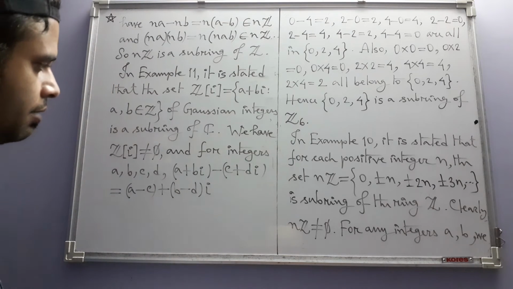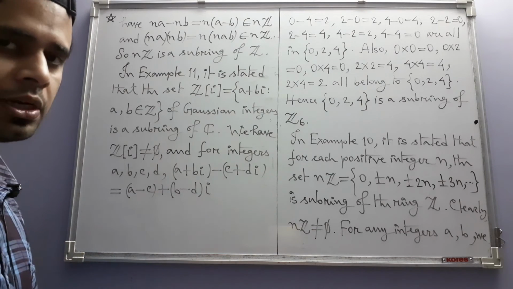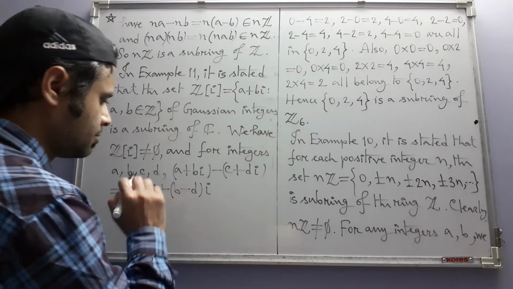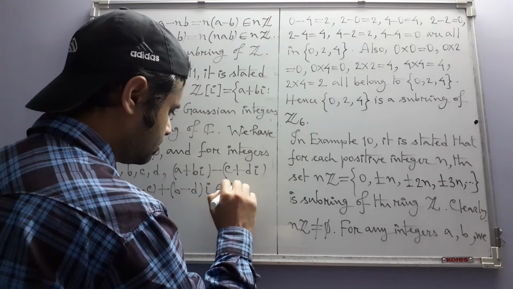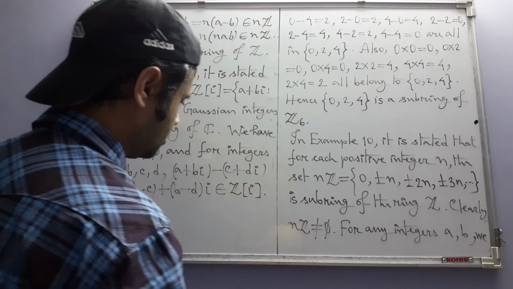Because a, b, c, d are integers, a minus c and b minus d are also integers. So this belongs to this set.